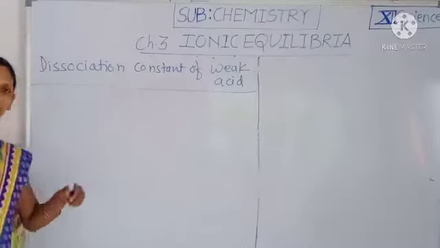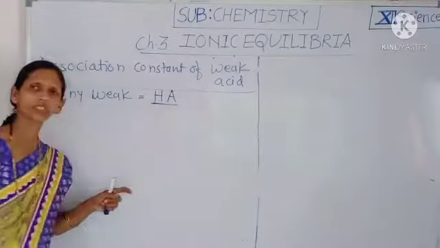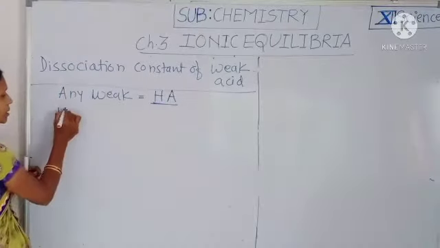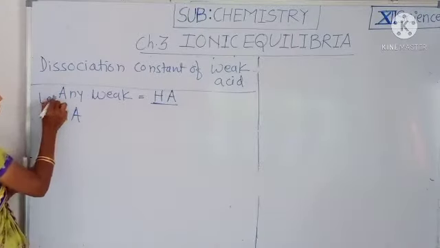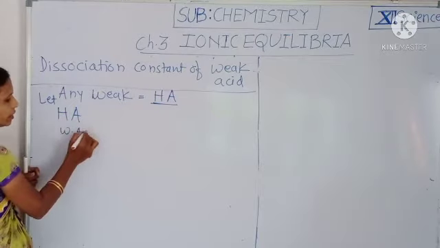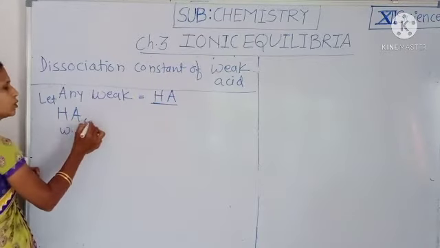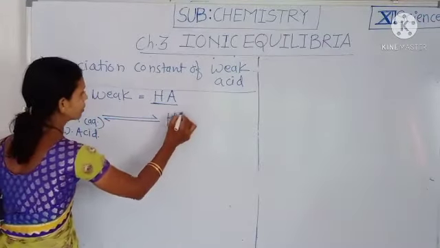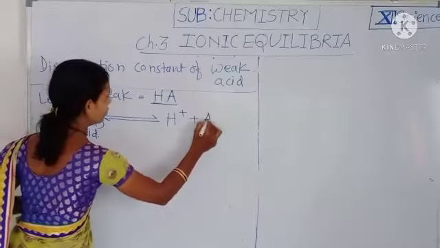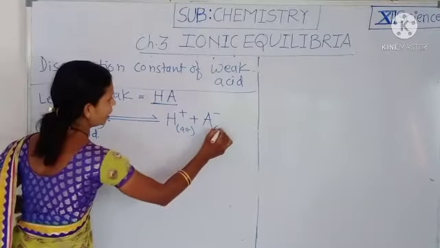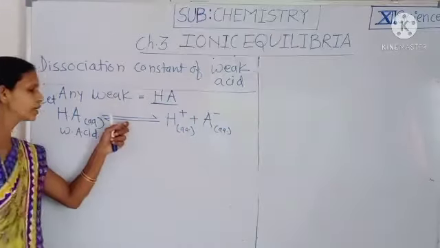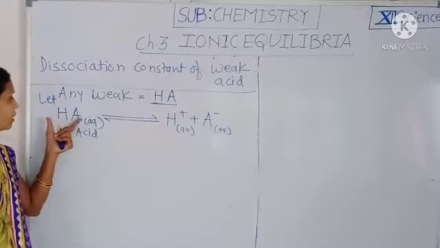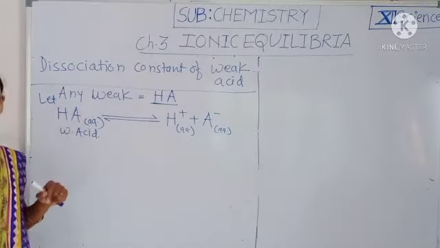Then see here, HA is a general formula for any acid. Let us consider HA is a weak acid. When it is dissolved in aqueous medium, it dissociates to give H plus and A minus, and ionic equilibrium is present between the dissociated ions of the acid and the unionized acid molecules.